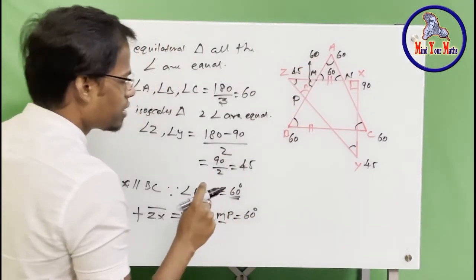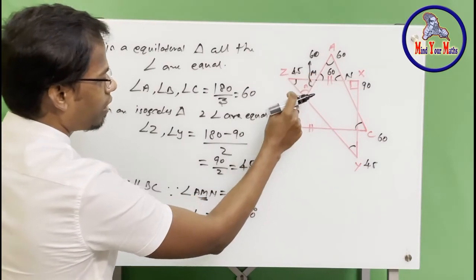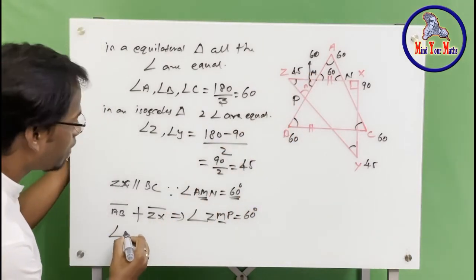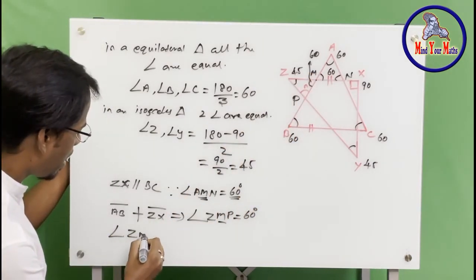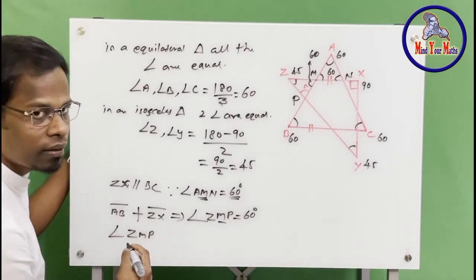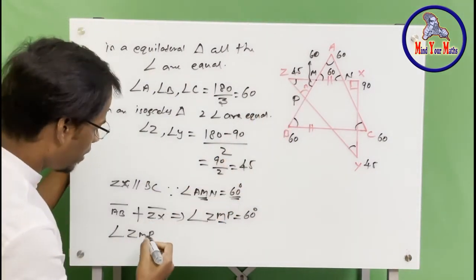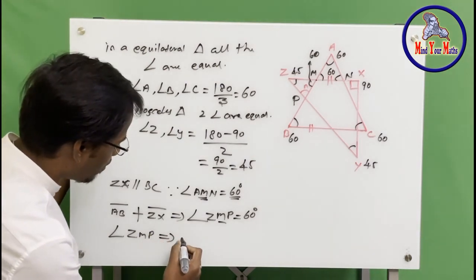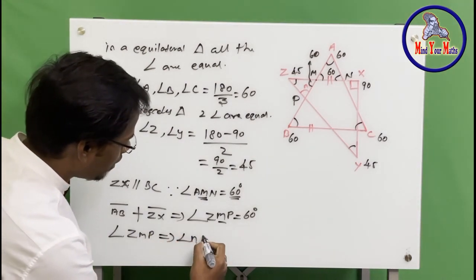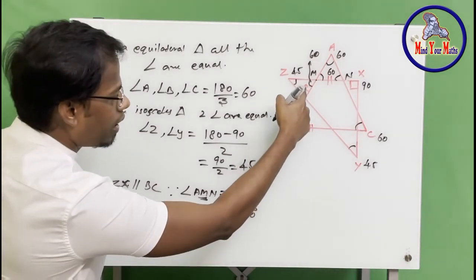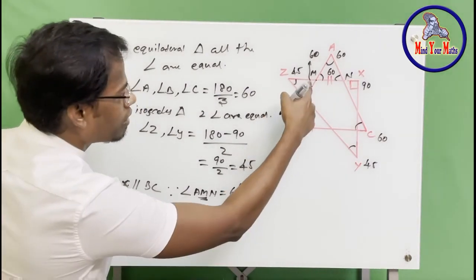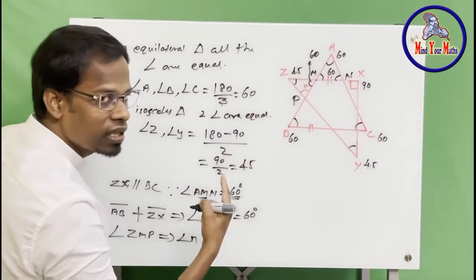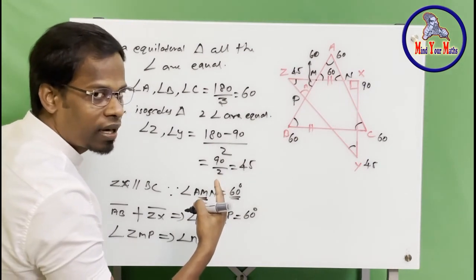Now from triangle ZMP, what we are going to find is angle N. We know that all three angles of a triangle together make 180, right?